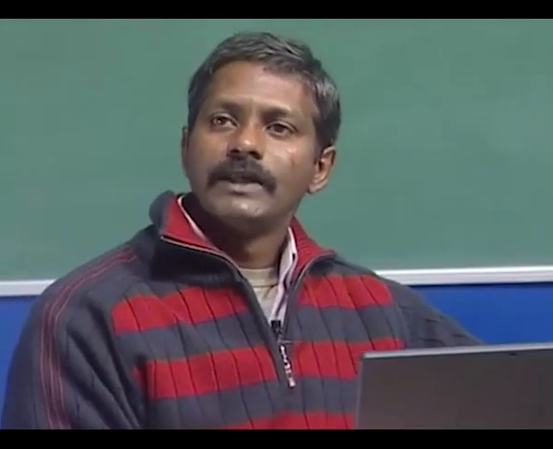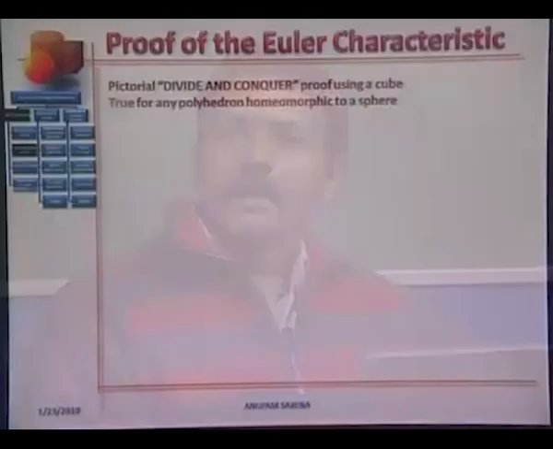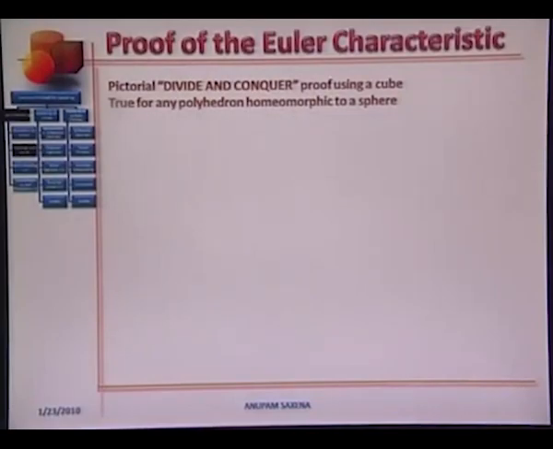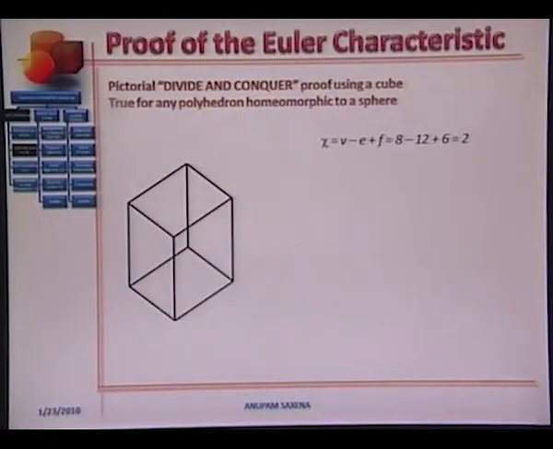Let's now try to prove the Euler characteristic. What I'll do is I'll provide you a pictorial divide and conquer proof using the example of a cube. The proof would be true for any polyhedron which is homeomorphic to a sphere. Here's the cube or a block. For this, we now know that the Euler characteristic is 2.